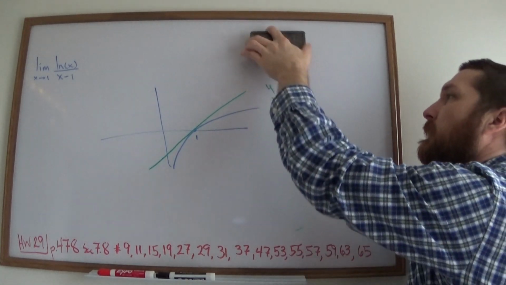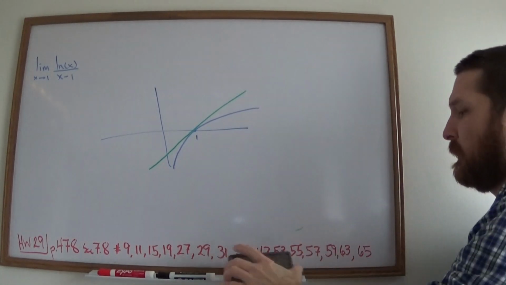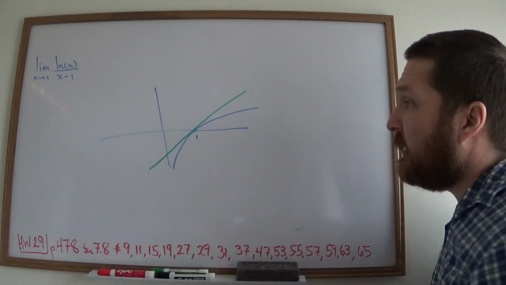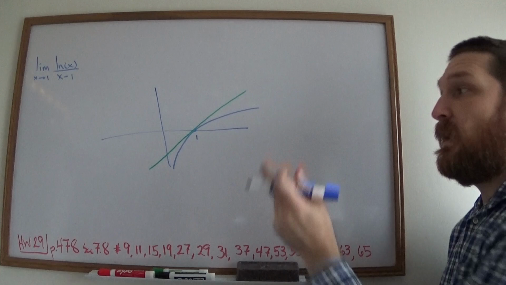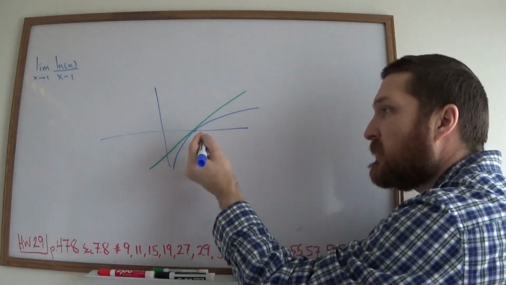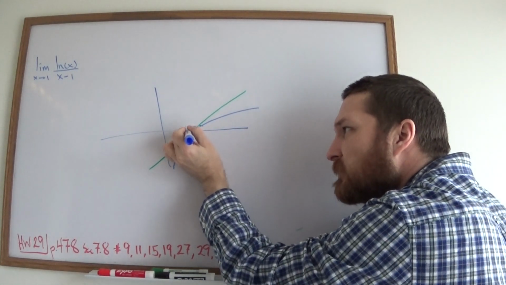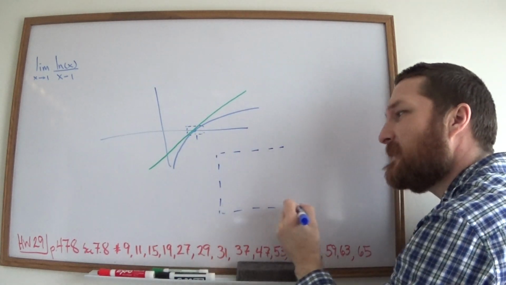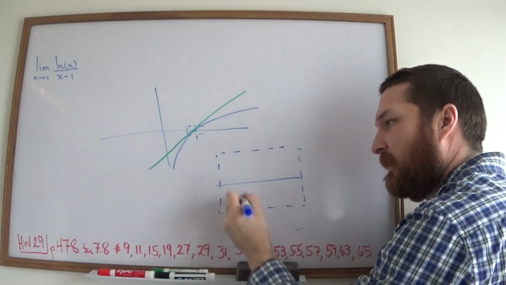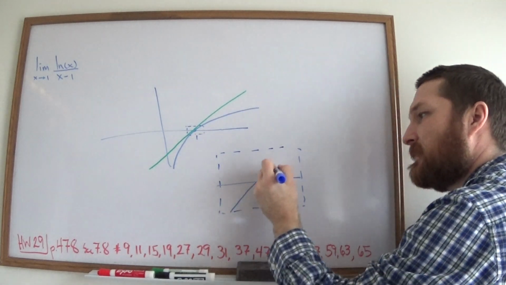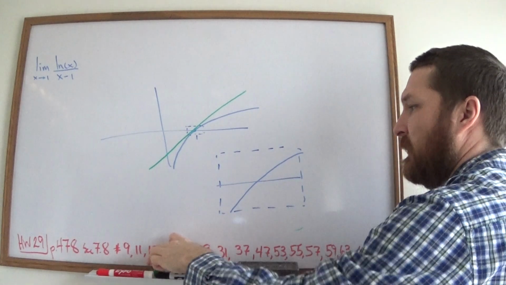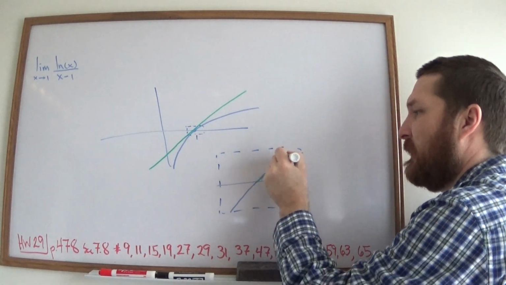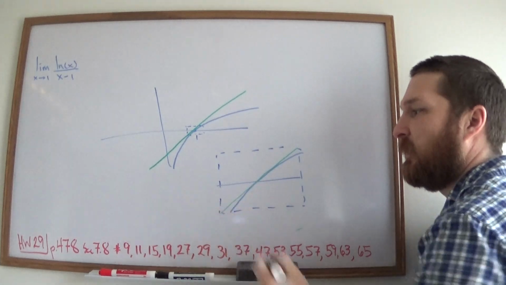Okay, keep that in mind. So what we could do is, like you're saying, start plugging in values that are really close. And if you were to zoom in on this picture right here, because it's the tangent line, this guy looks a little less curved, and they hug a lot longer.